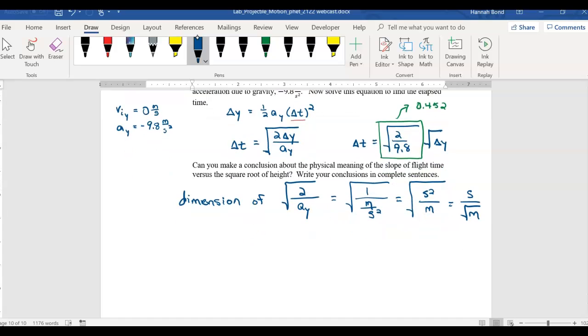Okay, so let's see if we can summarize the results here. I'm going to make this blue so we can tell that it's the answer.